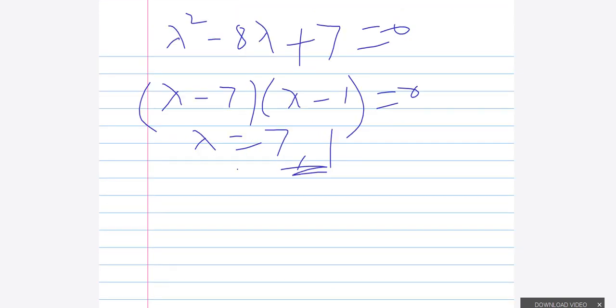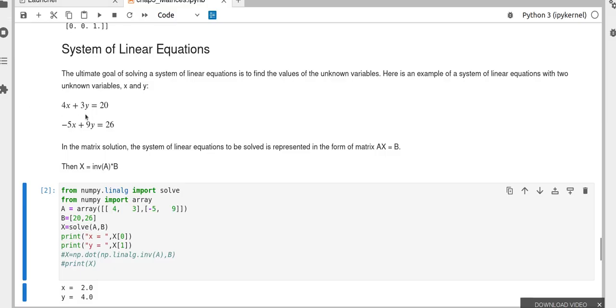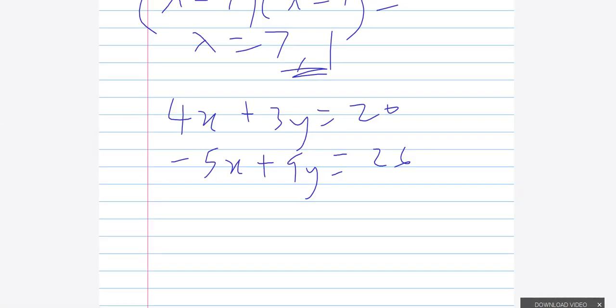So what you do is you first create your, okay, let me write 4x plus 3y equals 20. This is equation 1. And minus 5x plus 9y equals 26.